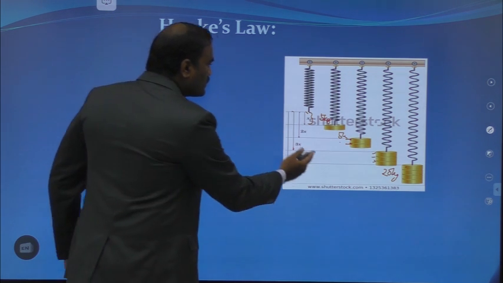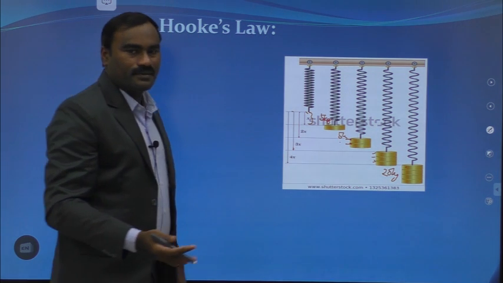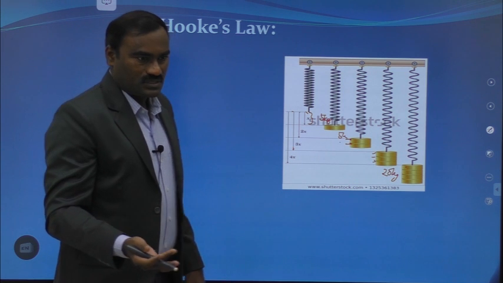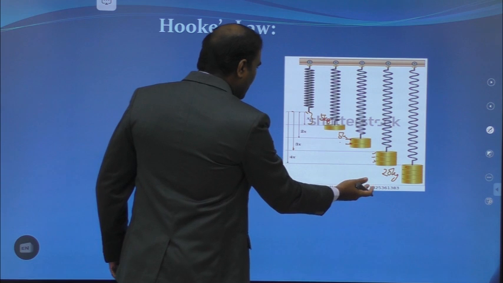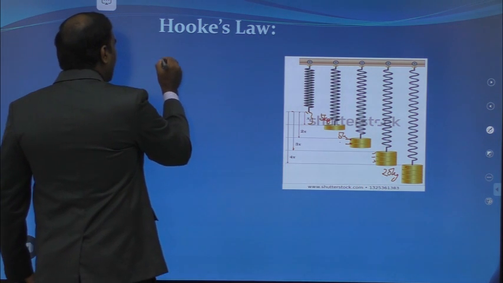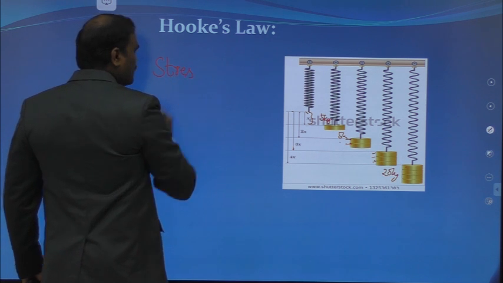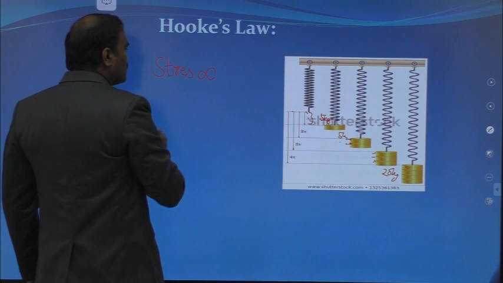From this you can see, as the stress increases, strain also increases. So from this we can have the relation between stress and strain. That relation is given by the scientist called Hooke.